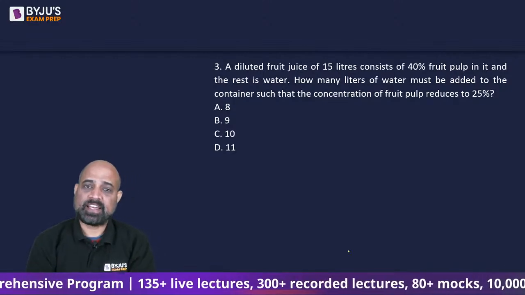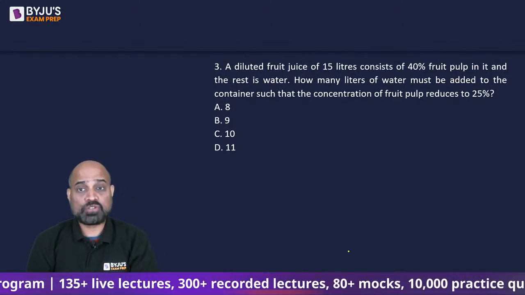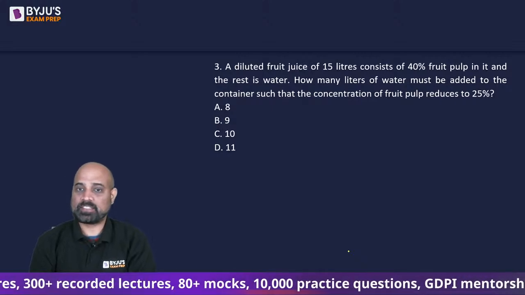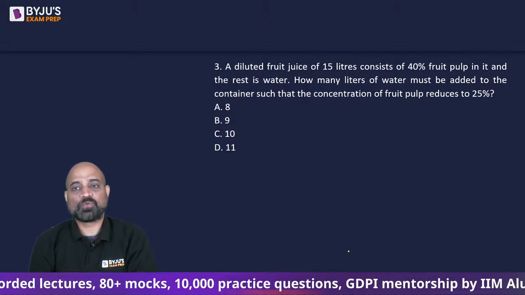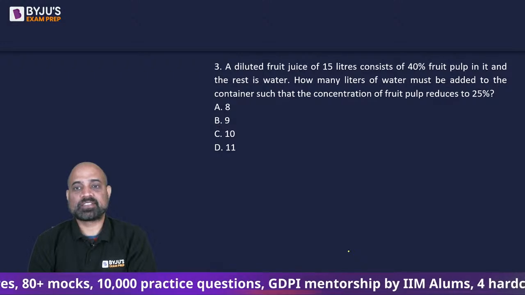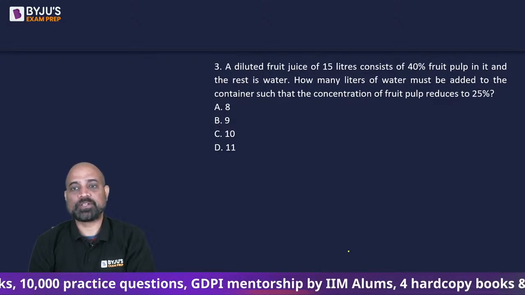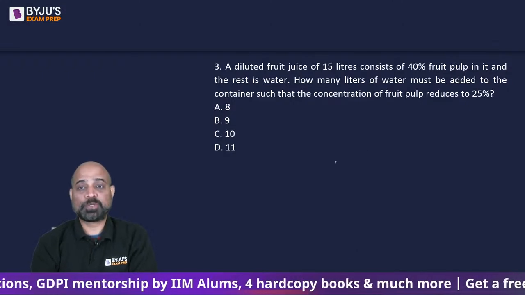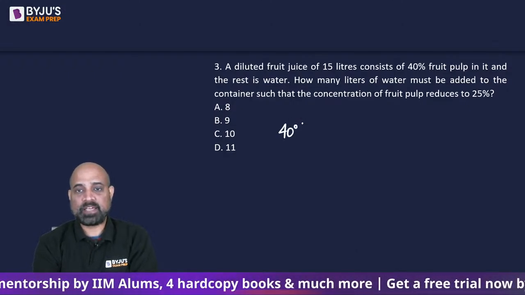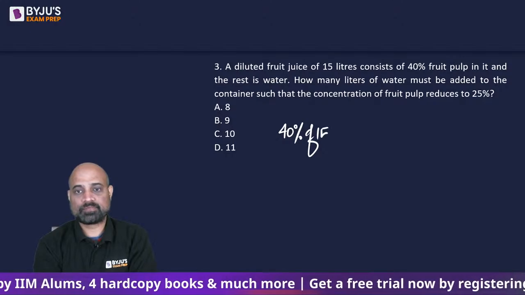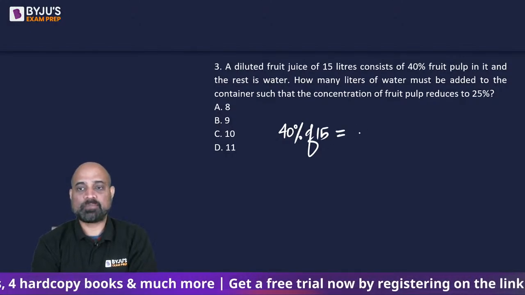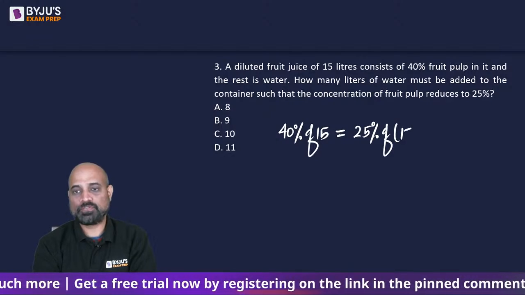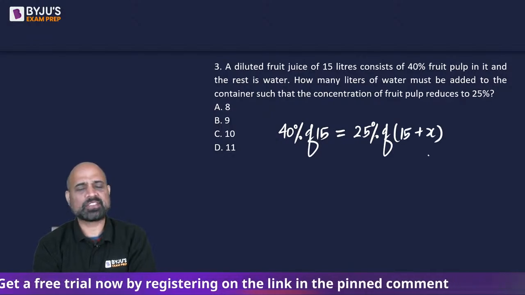Okay, the next one. A diluted fruit juice of 15 liters consists of 40% fruit pulp in it and the rest is water. How many liters of water must be added to the container such that the concentration of fruit pulp reduces to 25%? So if we talk about fruit pulp, we can say that पहले इतना था and now the amount of fruit pulp will be 25% of 15 plus x liters that we are adding.